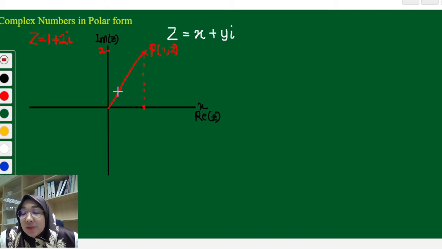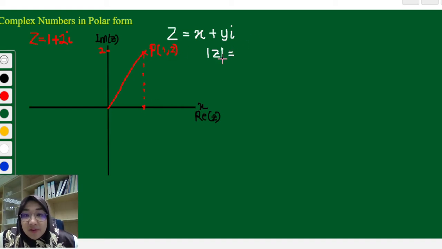Alright, so dalam complex number ni, apa yang utama adalah you kena cari the modulus of z. Okay, the modulus of z, or we call it the length of the line on the plane. So the length of the line, the length tu maksudnya always positive lah, positive value.